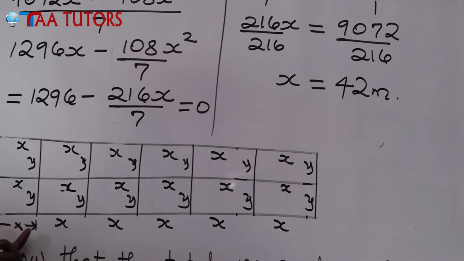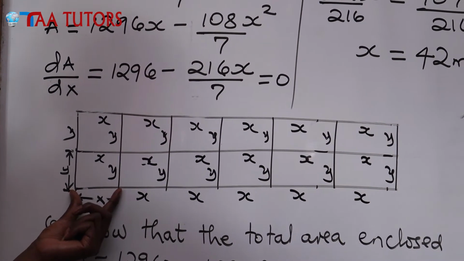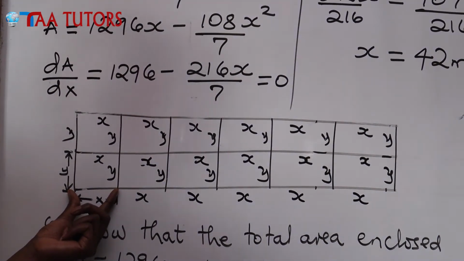So the value of x for the one small rectangle here is 42 meters.